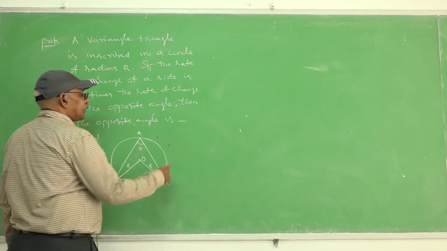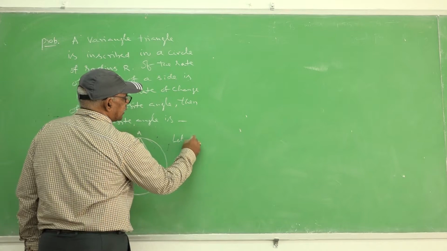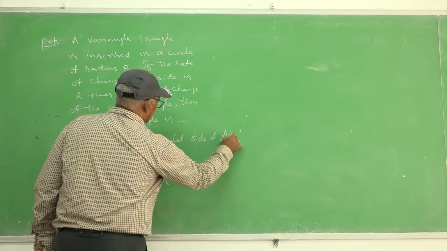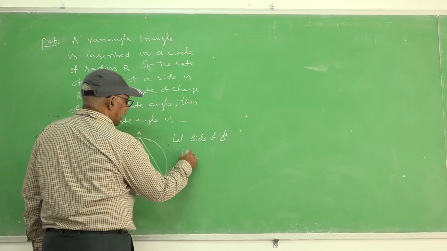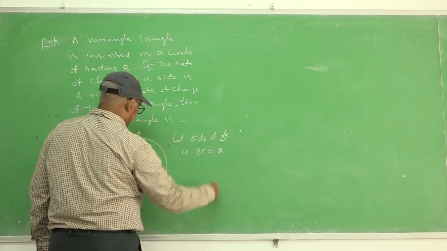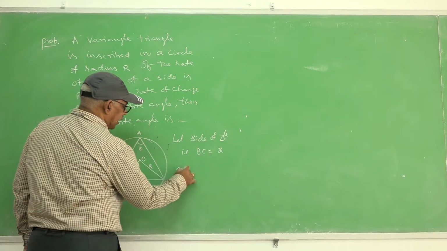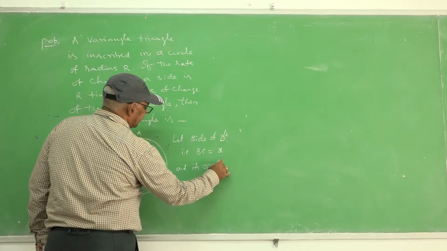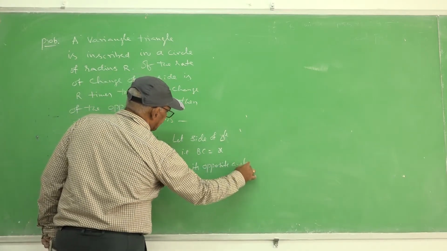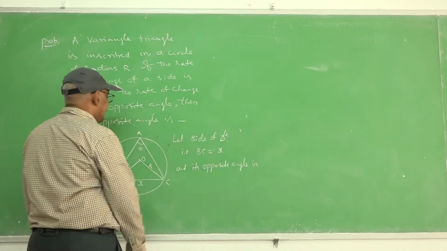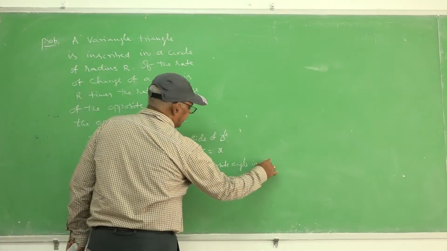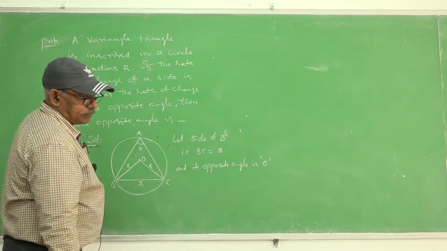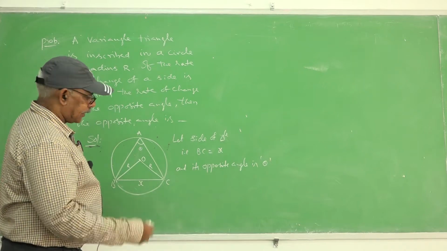So let the side of the triangle be BC equal to X, and its opposite angle is theta.